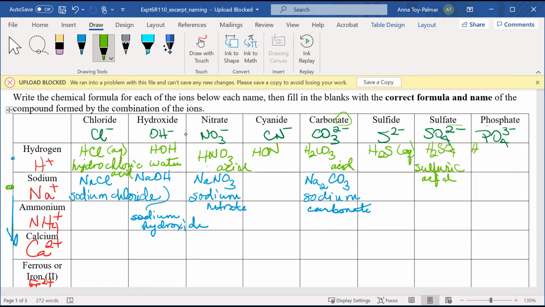So this one, when you make it charge neutral, it's phosphate, so it goes to what kind of acid? Ate goes to ic, right? So what would you call that acid?